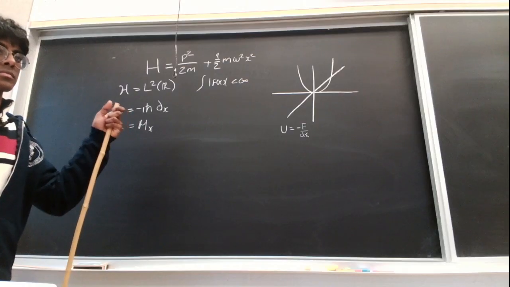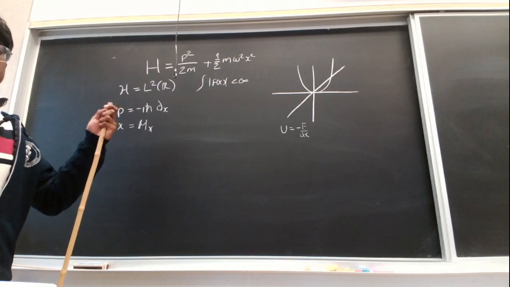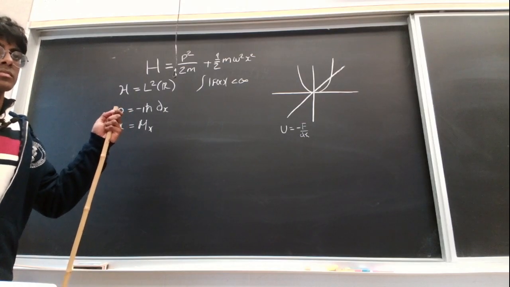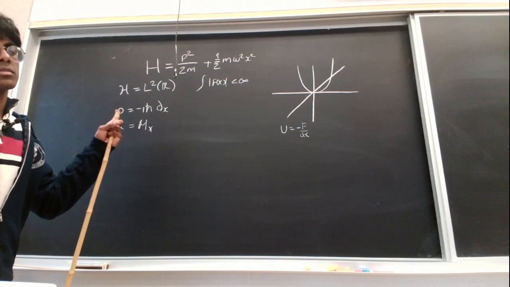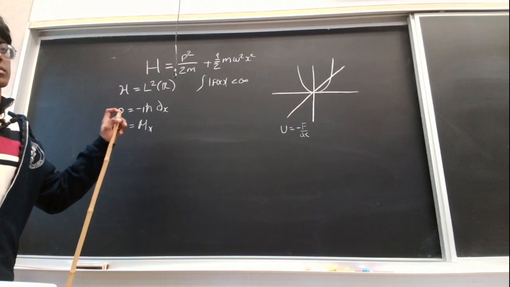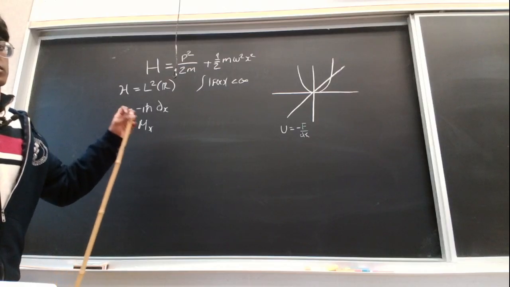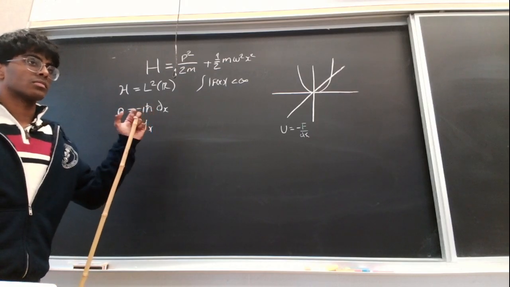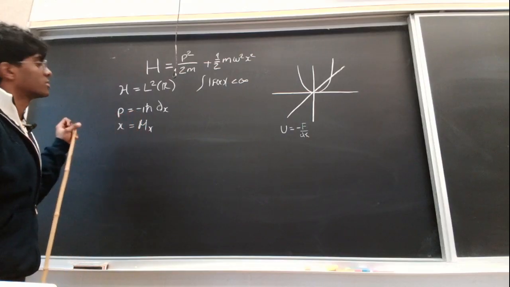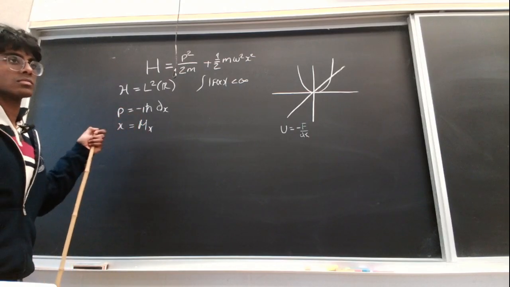So I can Taylor expand and always argue that if I am confined, because I can't have too much energy, to stay within this region, then my potential over there will look like a parabola. So to some first order approximation, my energy will look like this. So why is everything a harmonic oscillator?